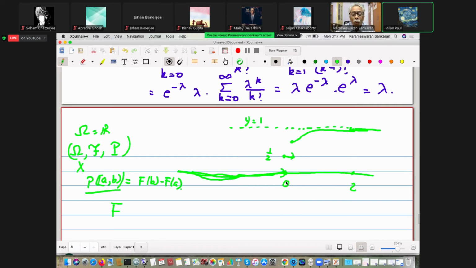Now the corresponding X is not going to be either discrete or continuous, the way I have drawn the figure. So this is a slightly complicated one, but never mind.